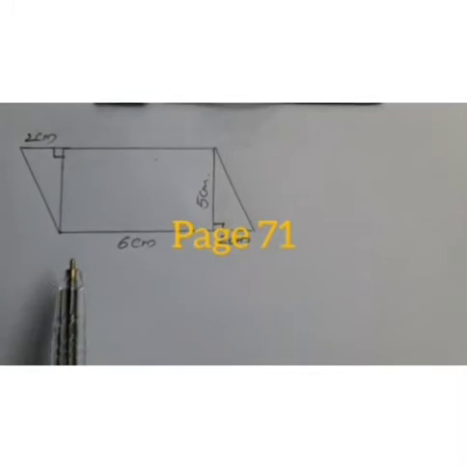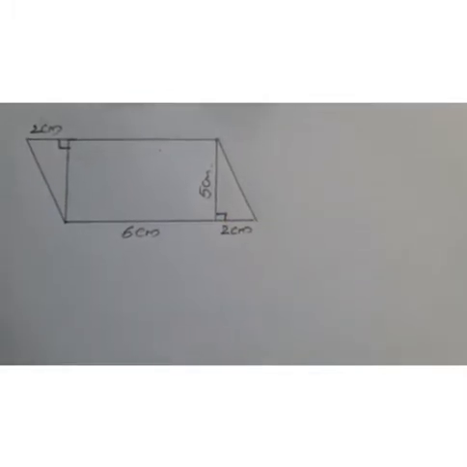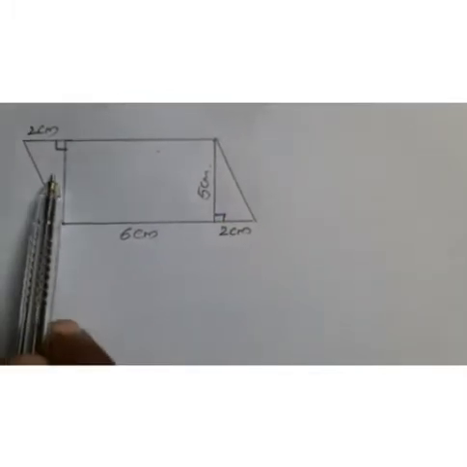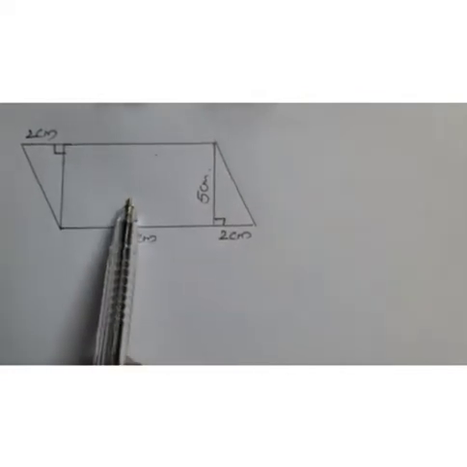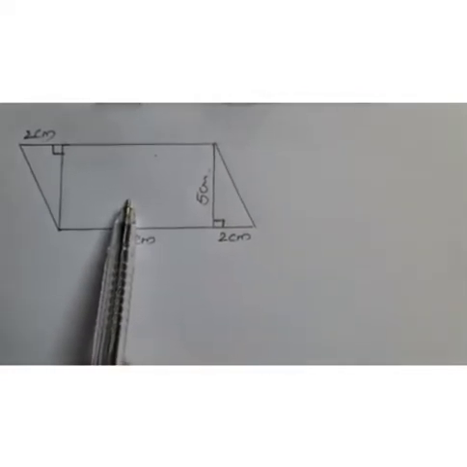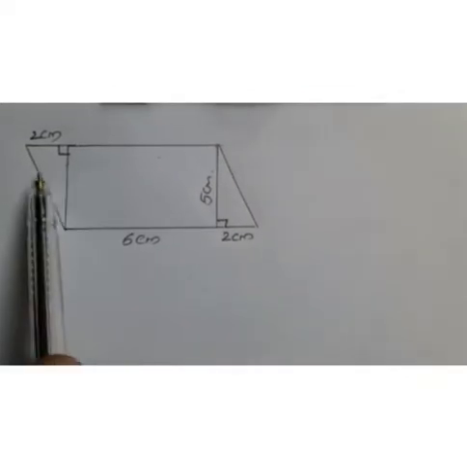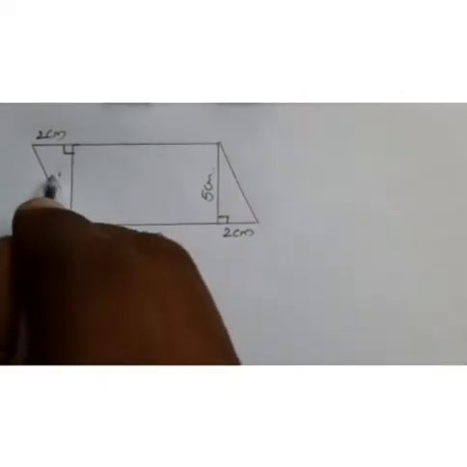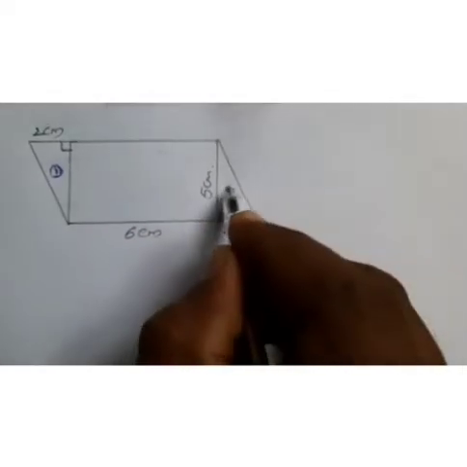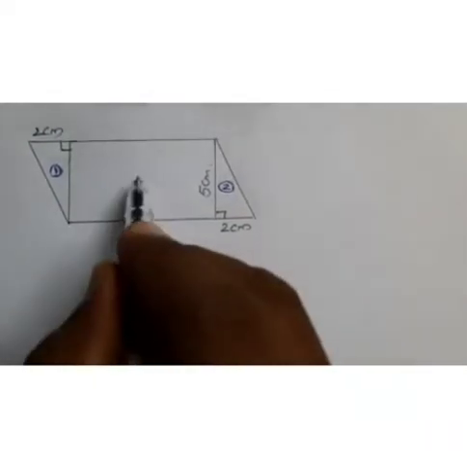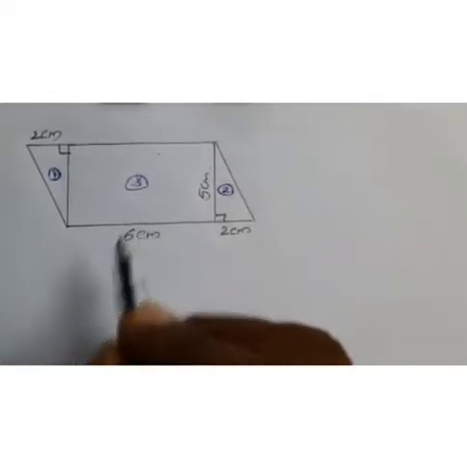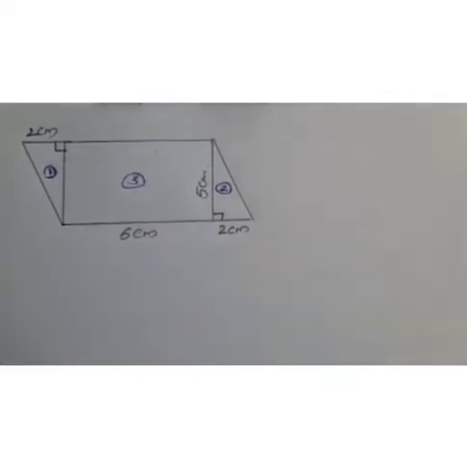Find out the area of this figure. Here you can see two right angle triangles and one rectangle. So how will you find out the area? The area of the first right angle triangle, then the area of the second right angle triangle, and the area of the rectangle. All these three should be added together.